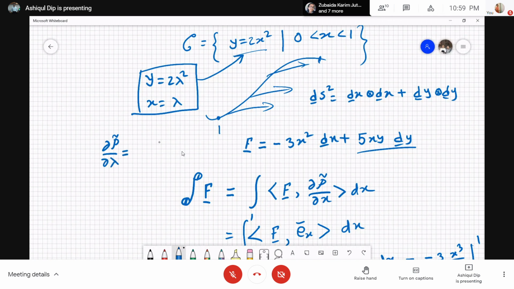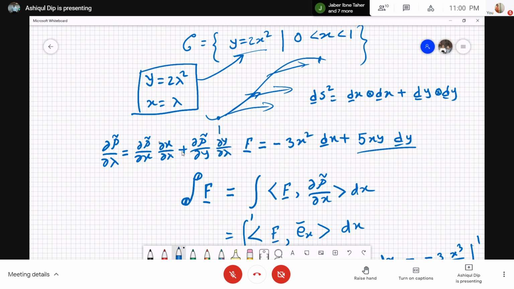Today I cannot focus most of the time. Okay, I have to use the chain rule to find the tangent vector to this curve. So delta p tilde by delta x times delta x by delta lambda, but I also have the other part, delta p tilde by delta y times delta y by delta lambda.